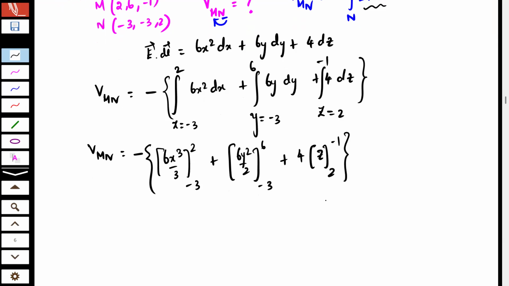I will be giving time for you to work out. You can pause the video, complete the integration limits application, and you can get the final answer. So the final answer for this is going to be minus 139 volts.